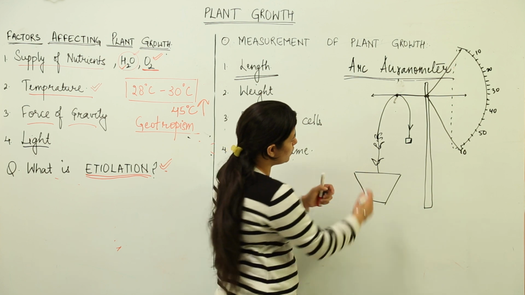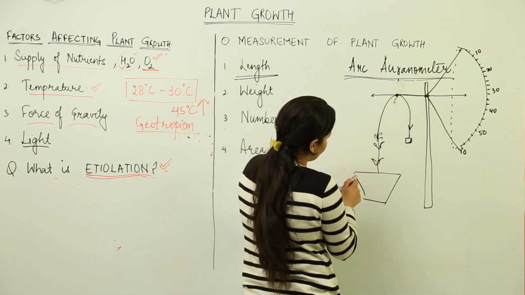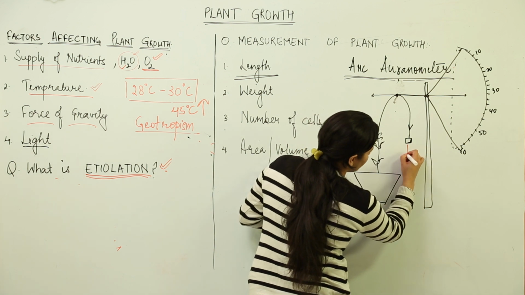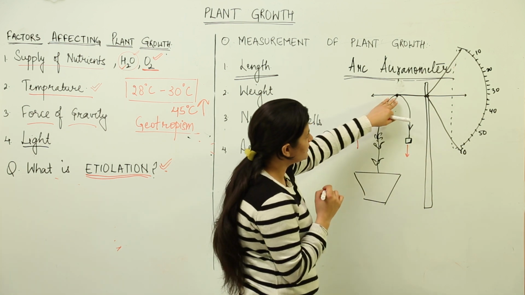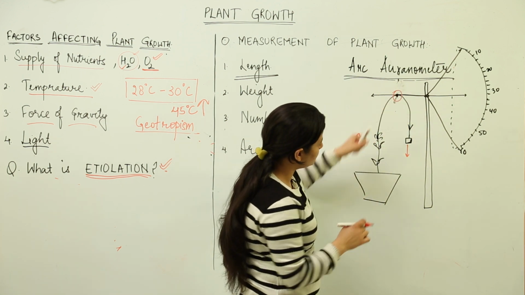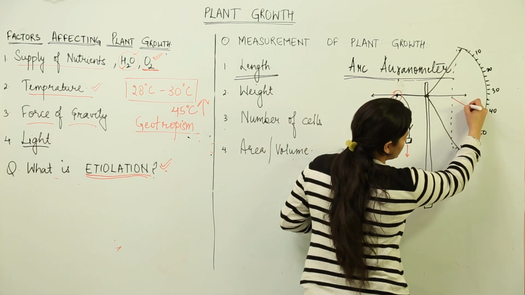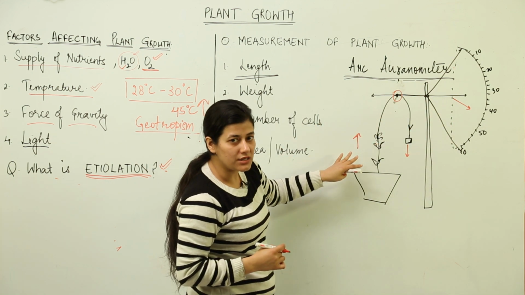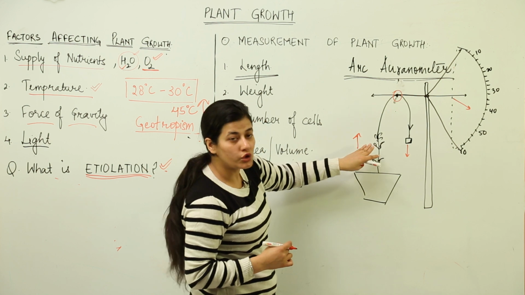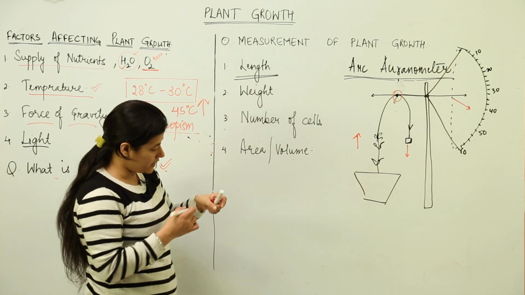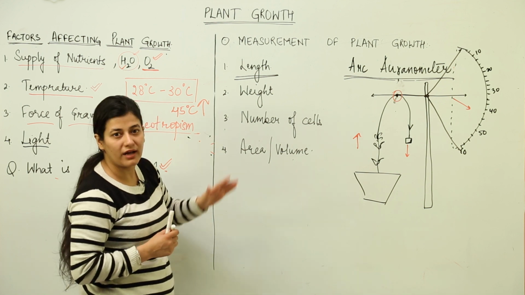Now as the plant grows in height from here, it shows increase in length. This weight would be carried downward, and because a needle is attached to the pulley, it would show deflection towards this side, and we'll get to know how much length the plant has increased, how much the plant has shown growth in terms of length. So this is how length is an important factor for measuring plant growth.